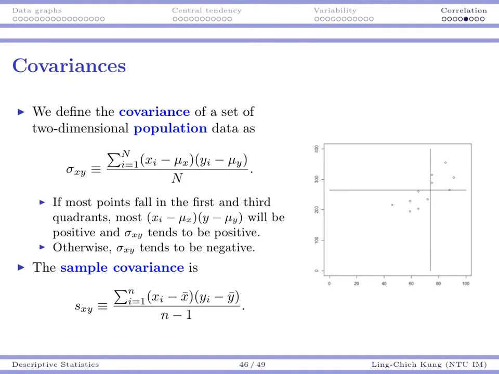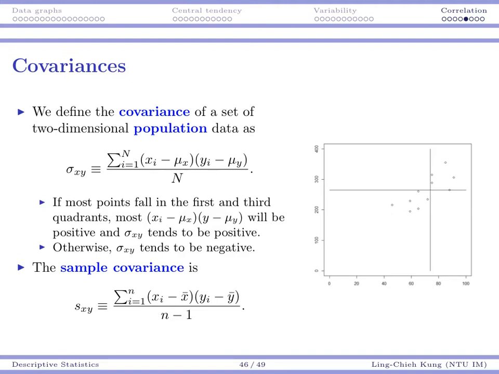So what's this? For each point I ask whether xi minus mu x, the mean of x, is positive. Suppose this is positive, then that means the x point is here, right? And then I ask whether yi is greater than mu y. If this is also positive, then I know the point is in the first quadrant. And then the product of them, positive times positive, gives a positive number.